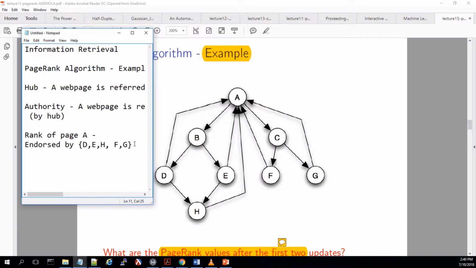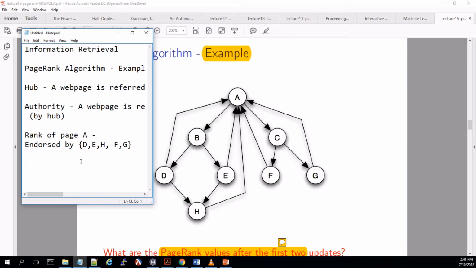So based on our formula, we can calculate the rank of page A now, since we know those that are endorsing it. So let's now calculate the rank of page A based on our formula.